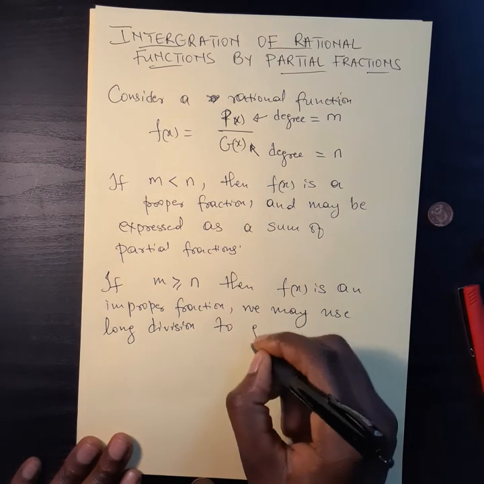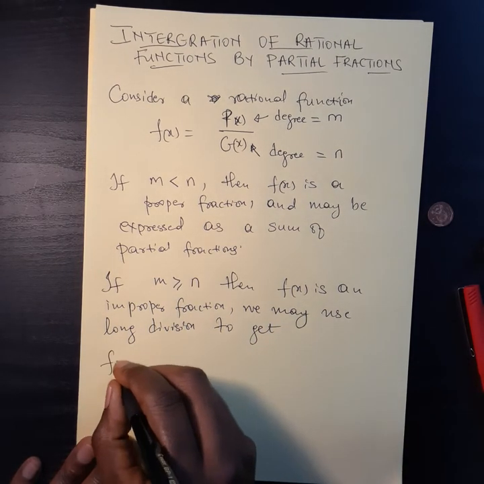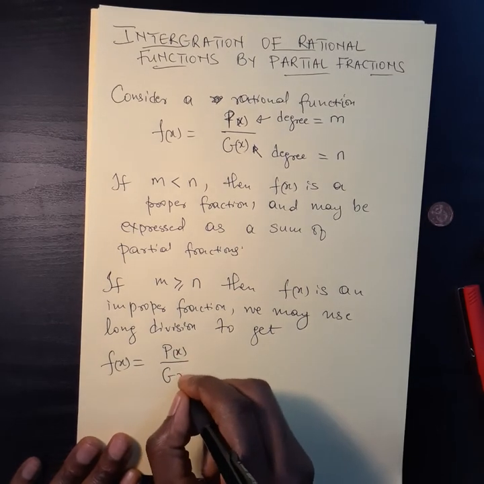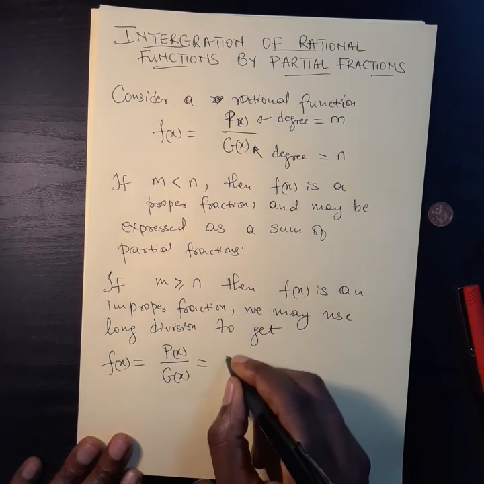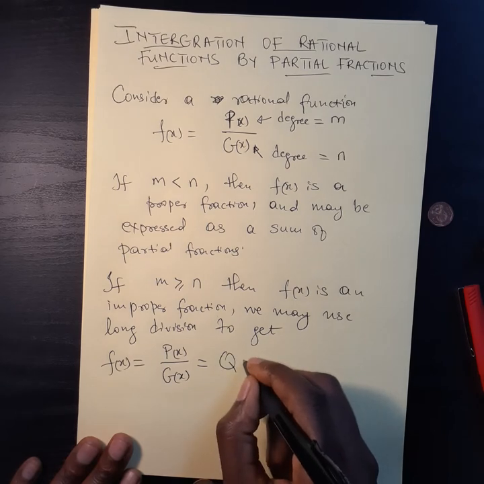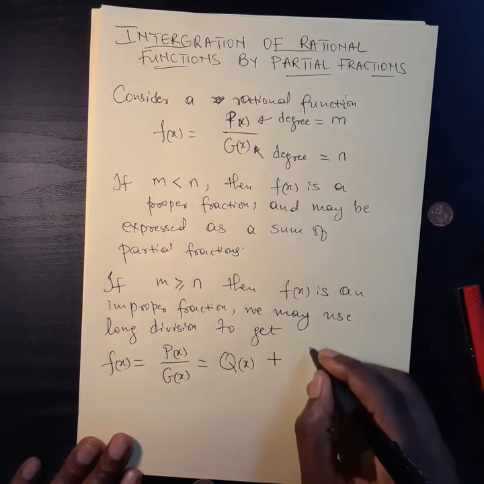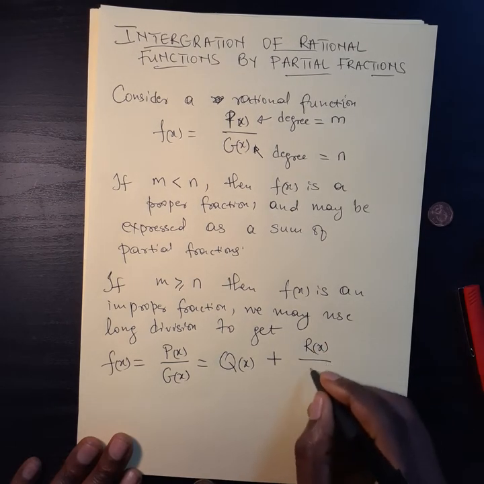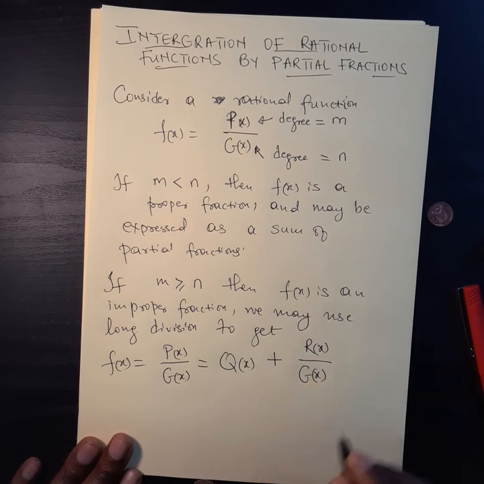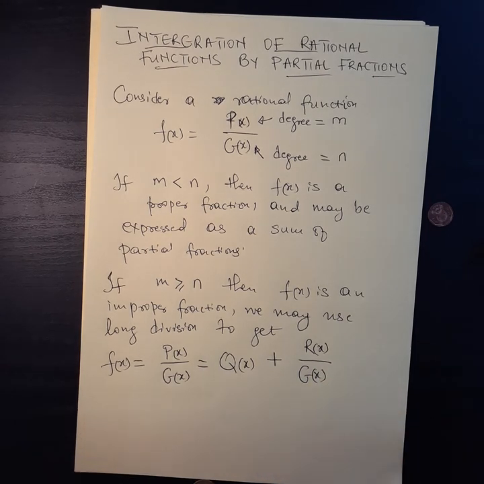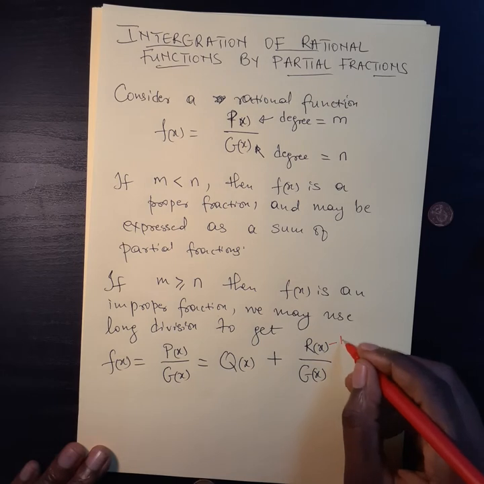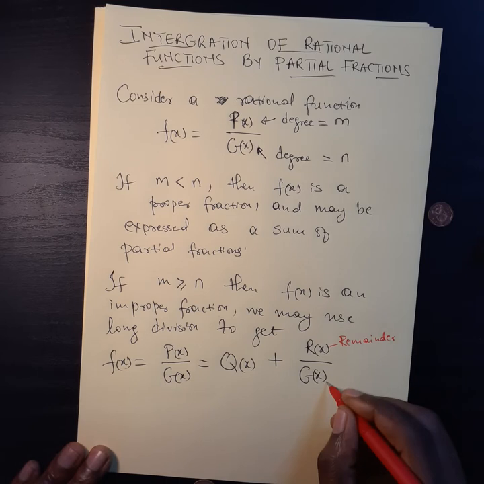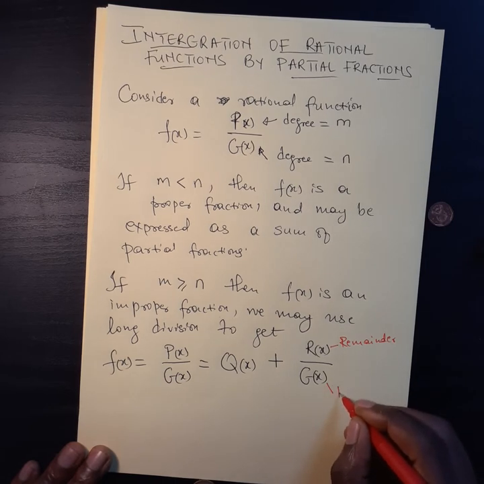You remember we have f of x equal to p of x over g of x, and then we want to get a quotient, let us call it q of x, plus the remainder, let us call it r of x, divided by the divisor, which is still g of x.